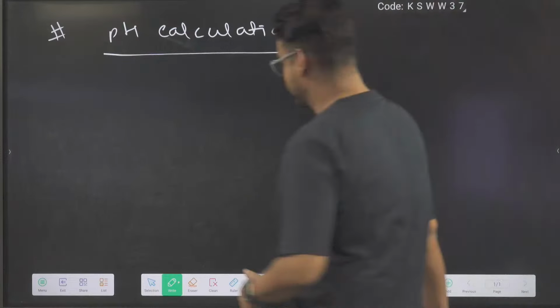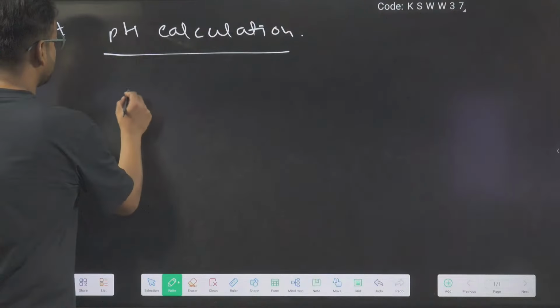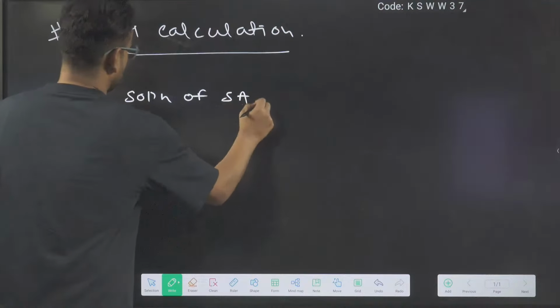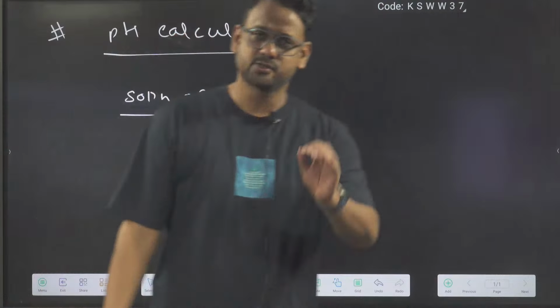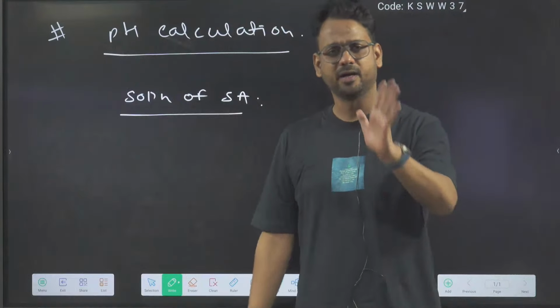Yes, boys and girls. First of all, we will talk about pH calculation for a solution of strong acid. So what are strong acids? Strong acids are those which undergo 100% ionization in water, 100% dissociation.